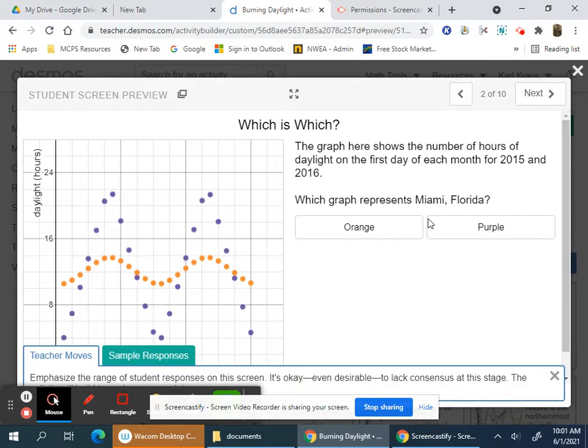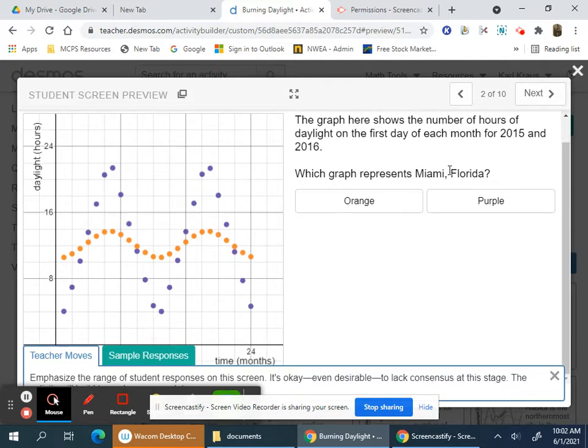All right. The graph here shows the number of hours of daylight on the first day of each month for 2015 and 2016. Which one do you think is Miami?